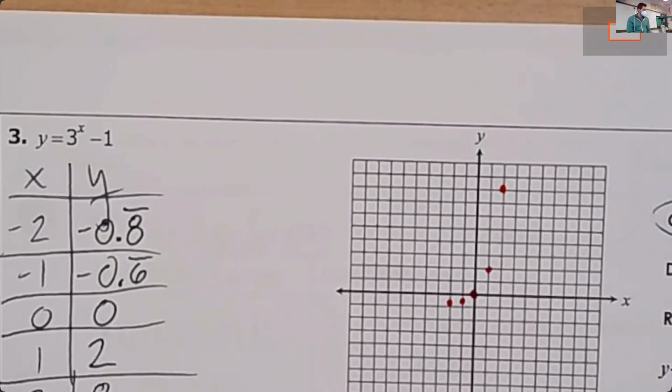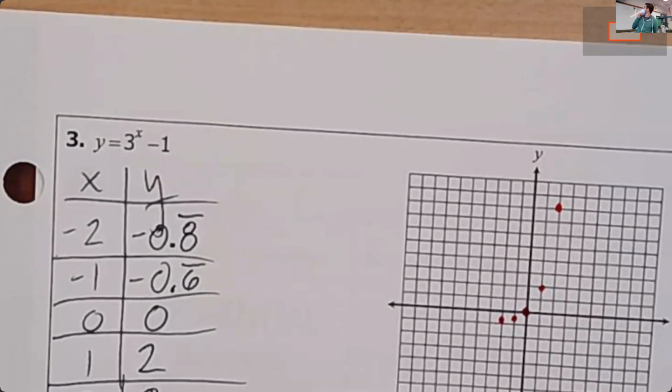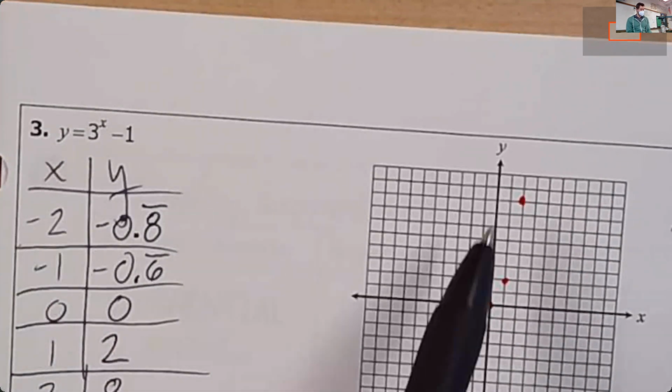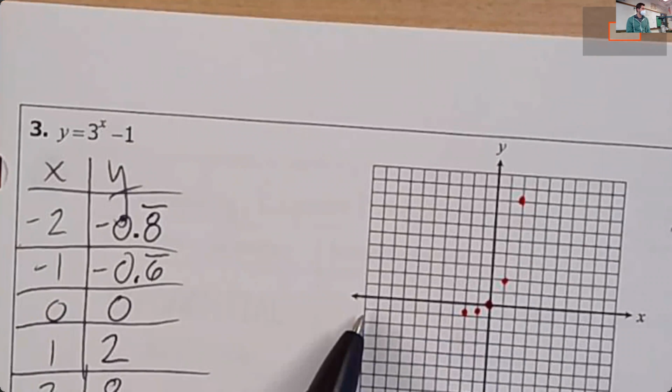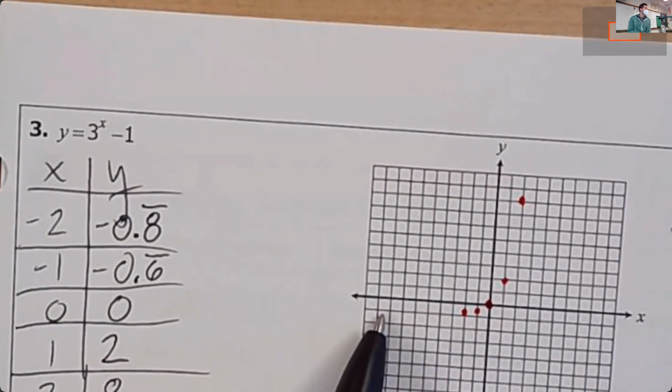So this time, our asymptote isn't at 0. In fact, sometimes we can kind of see where that's going to be, right? Where is this going to end up getting close to but never crossing? What is that y value right here? -1, yeah.